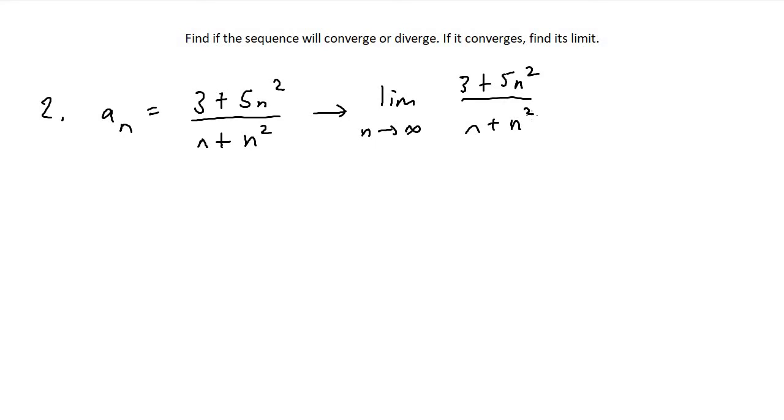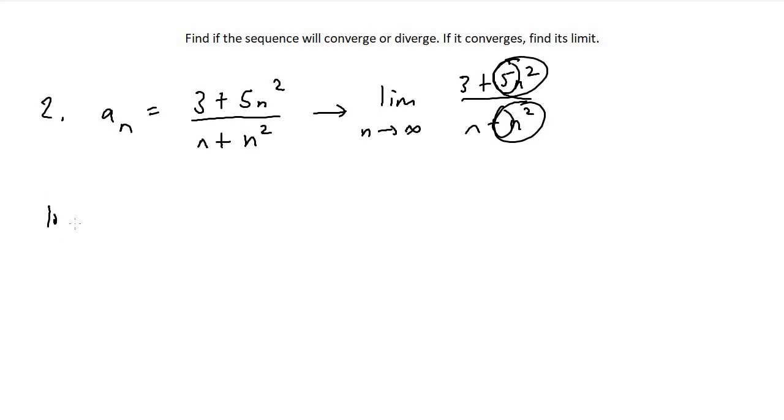Similar to the previous problem, once again, end behavior, we're just going to look at the significant terms, or the highest degree terms, on the numerator and the denominator. So on the numerator, the 3 is insignificant, so we're just looking at 5n squared. And then on the denominator, the n is insignificant compared to the n squared.